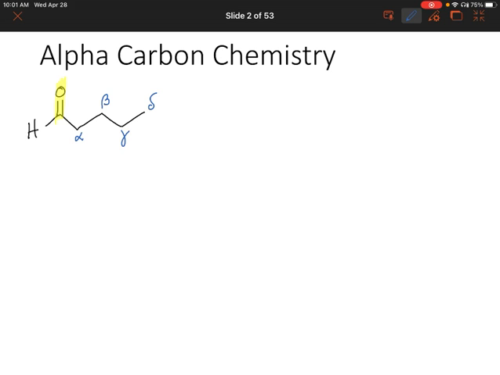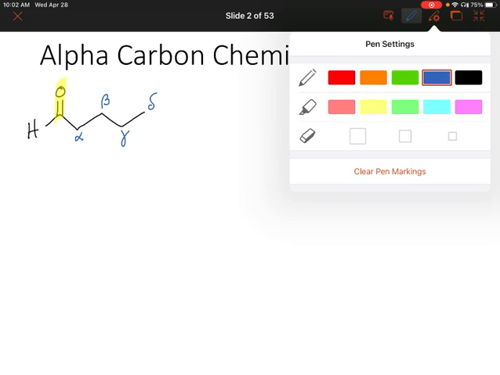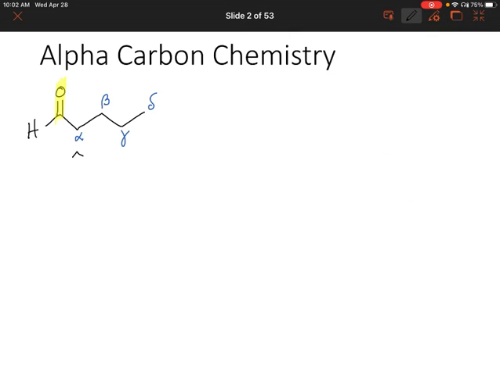The Greek letter tells us how far away the carbon is from the carbonyl group. We don't label the carbonyl carbon, that just stays unlabeled in this situation. Now, the interesting thing here is that the alpha carbon has acidic protons.